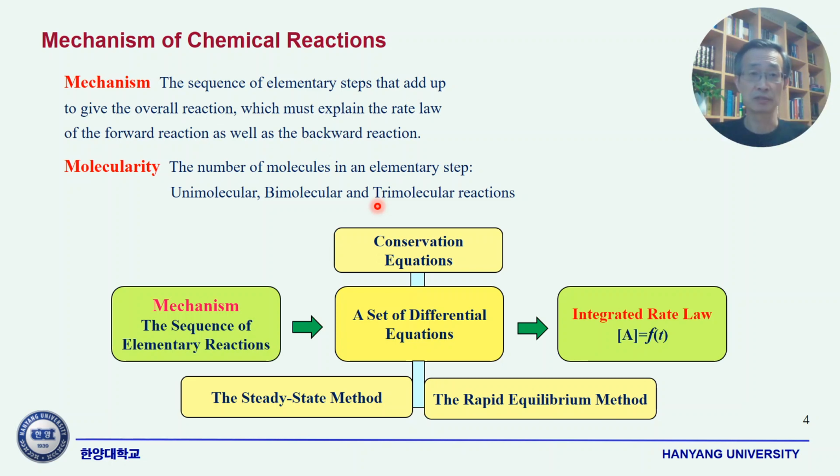Okay, so in a kind of diagram, how do they do this in chemical kinetics for a reaction? They propose or assemble the idea into a mechanism, which I said is the sequence of elementary reactions.